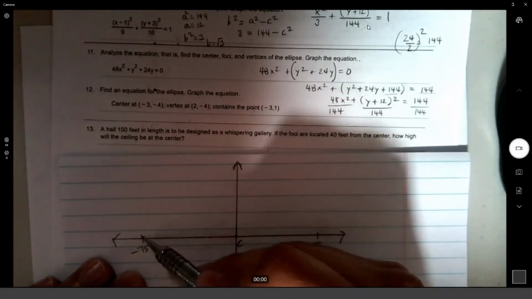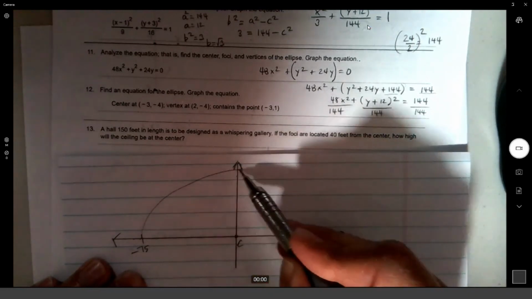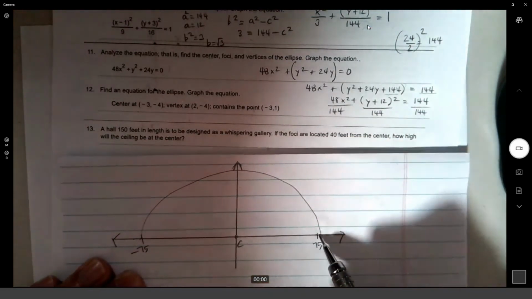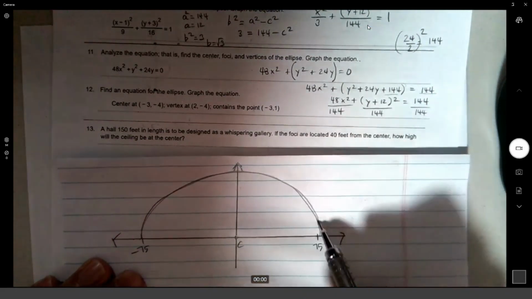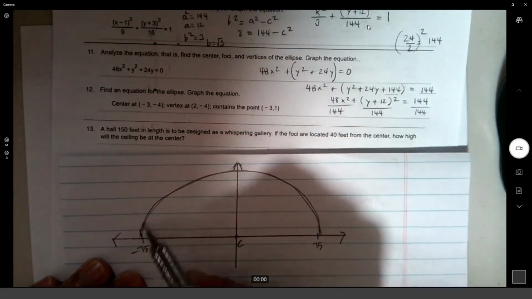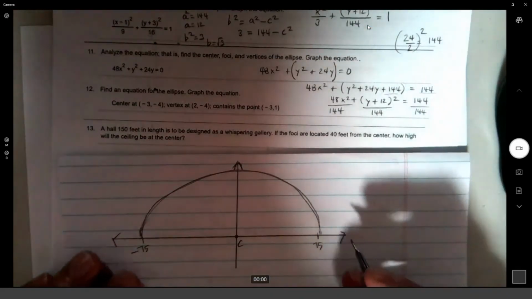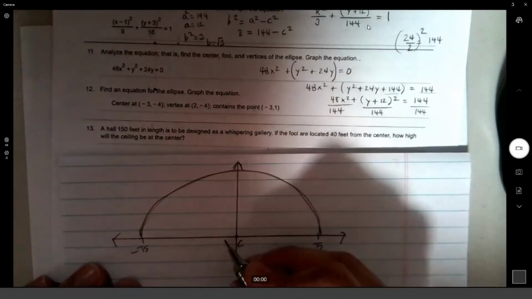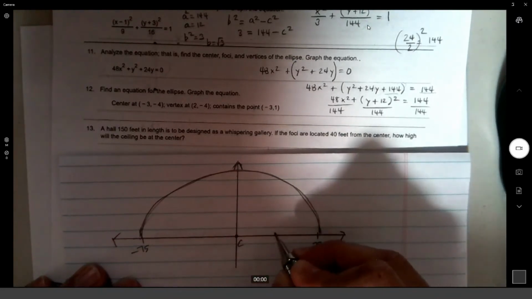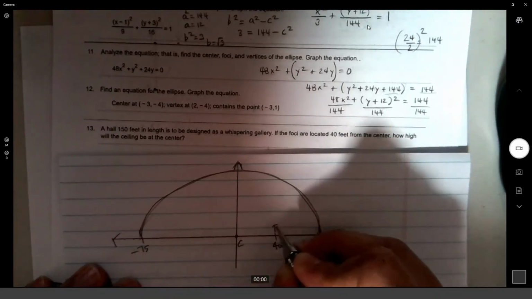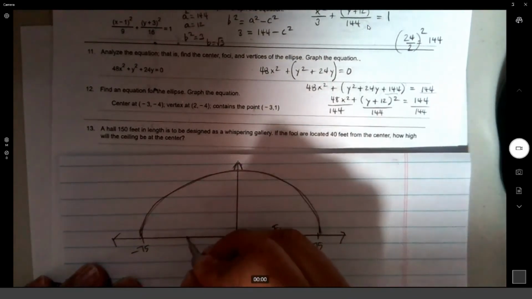So the gallery will have this shape, this upper half ellipse. If the foci are located 40 feet from the center, here's one focus and here's the other.